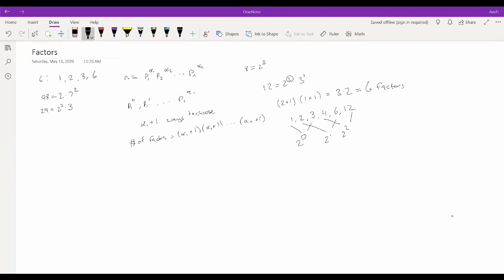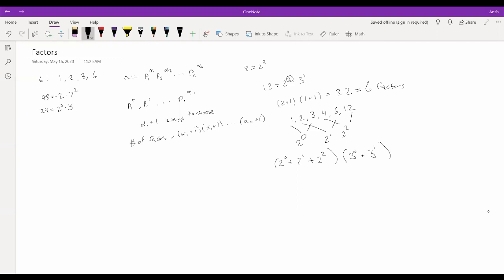So the sum of the factors of 12 can be rewritten as (2 to the 0 plus 2 to the 1 plus 2 to the 2) times (3 to the 0 plus 3 to the 1), where we go up until the largest degree of the prime factor. So notice how 12 is written as 2 squared times 3 to the first power.